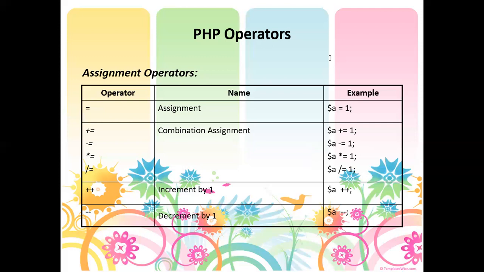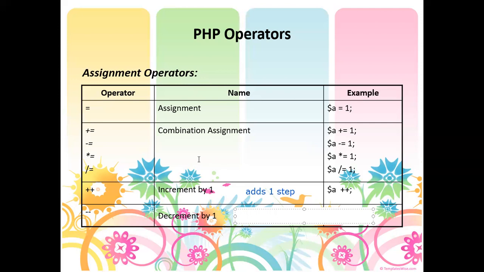Next is the plus plus. When you see the plus plus, this means that we are actually adding one step. Okay? Adding one step to a certain variable, and the opposite is decrement, which is minus minus.